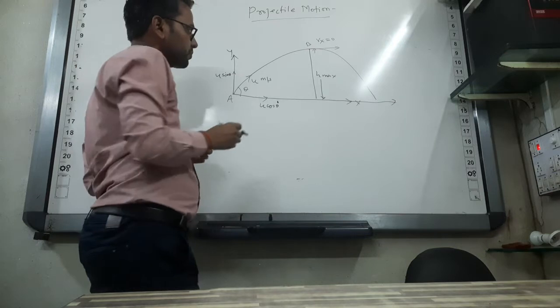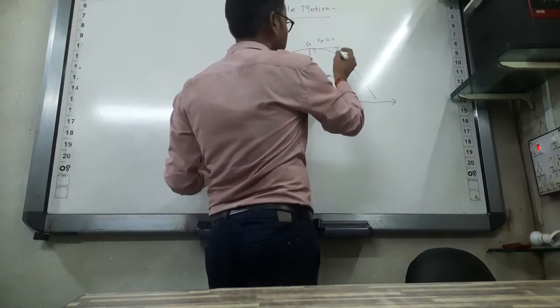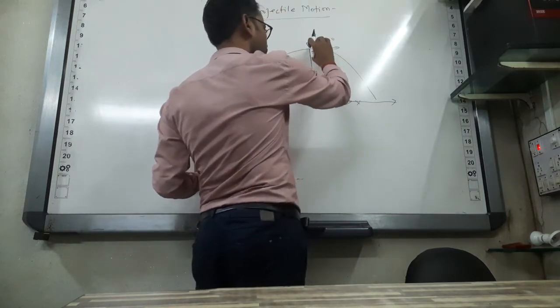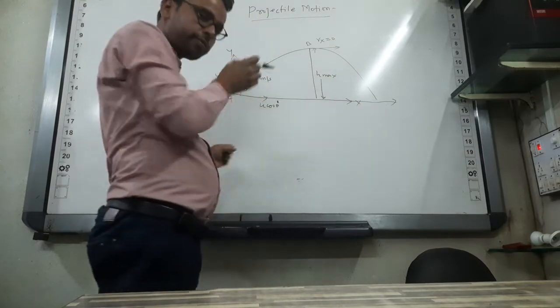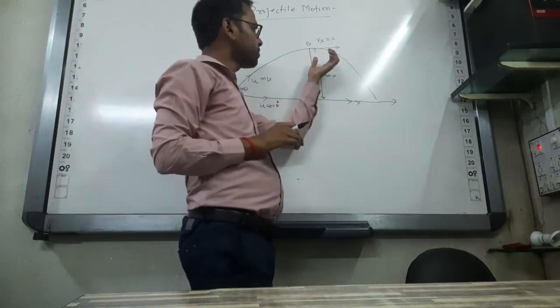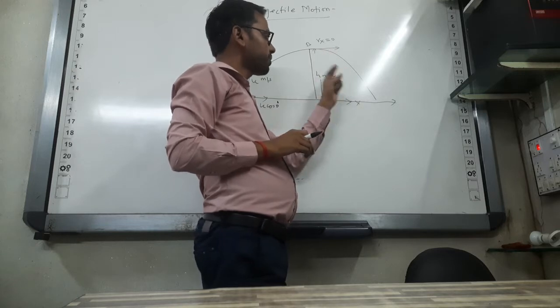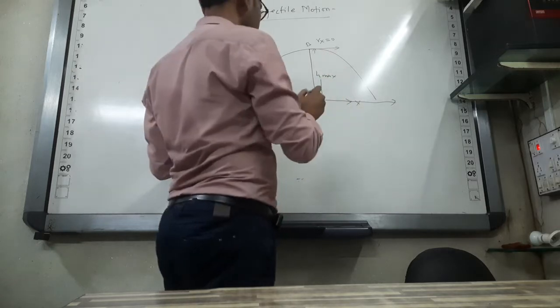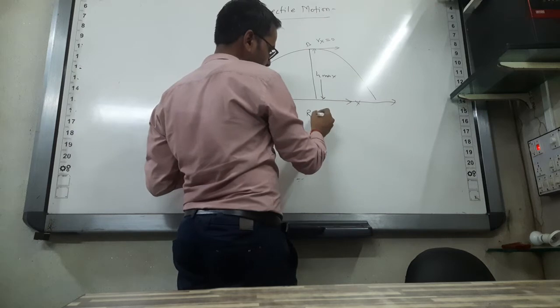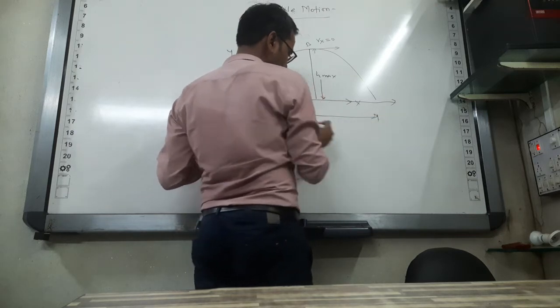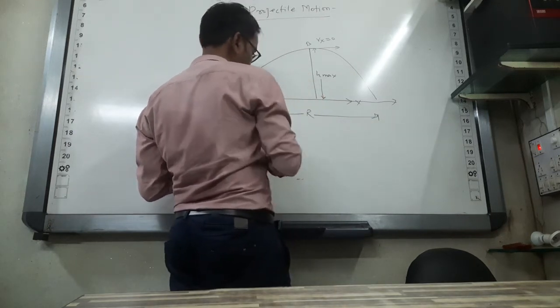After point B the speed of the ball changes as time increases, and the maximum horizontal distance is known as the range of the object.